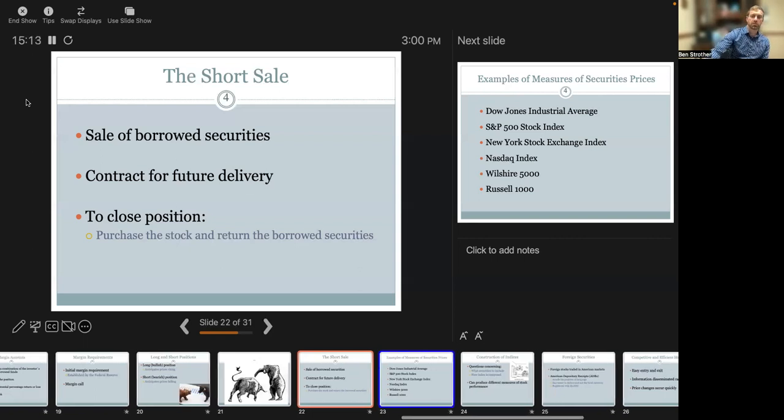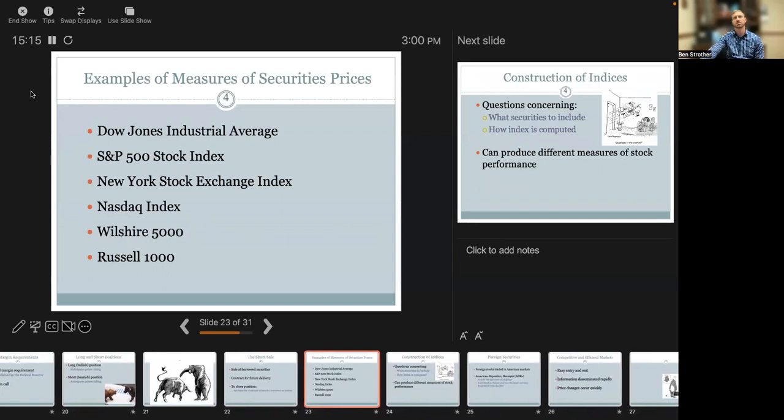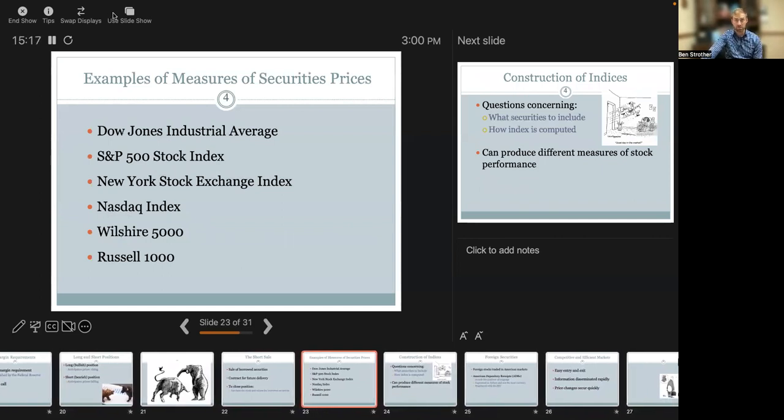All right, let's move on. Here are some examples of measures of security prices. If you see the word securities, you might get hung up on that. Don't. Securities are just stocks. The most popular measure is the Dow Jones Industrial Average, which tracks about 30 of the biggest companies in America.